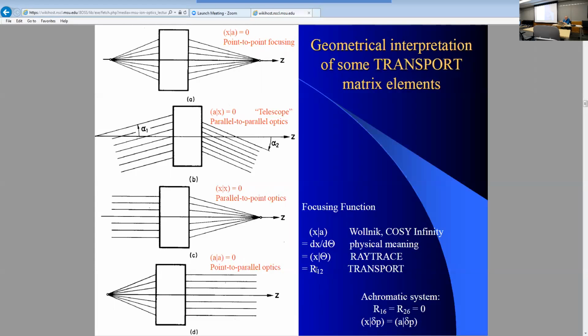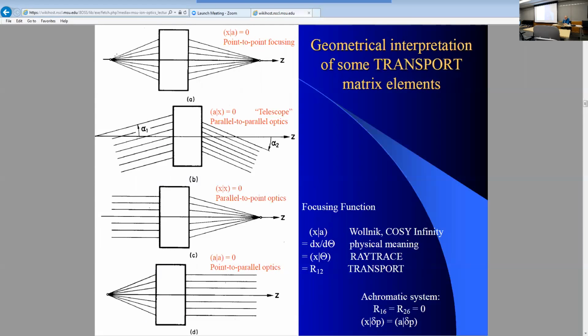So the physical meaning of this is what happens with x at the exit if you change the angle at the entrance. Now this looks like a differential, but it's not at the same place. It's at the entrance and at the exit. That is important to know. It transports something, so that is a transport matrix element. It's visualized here.